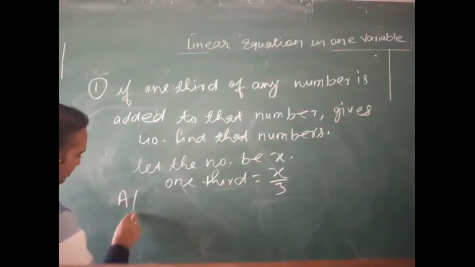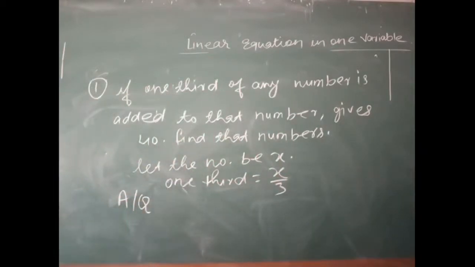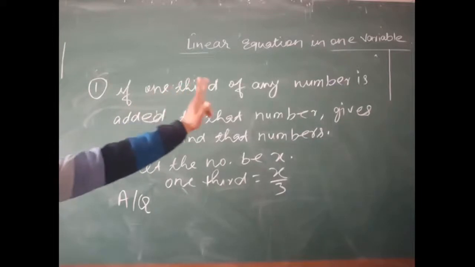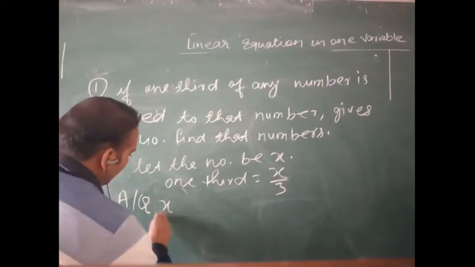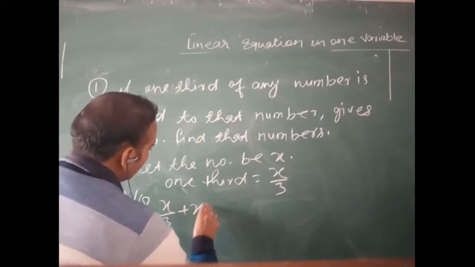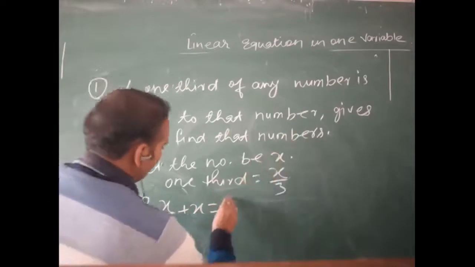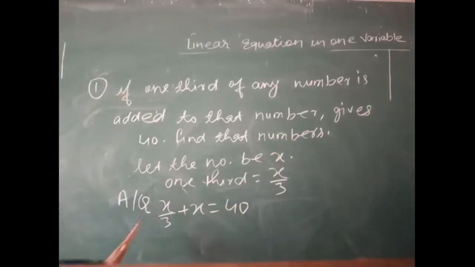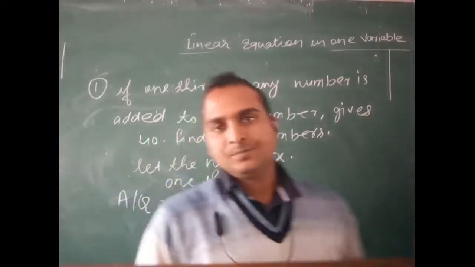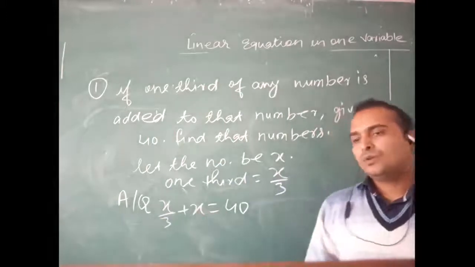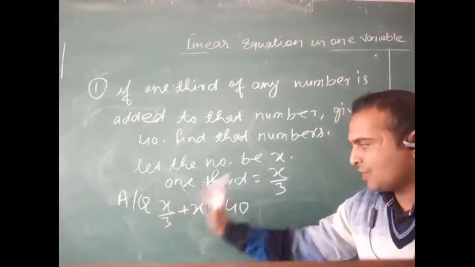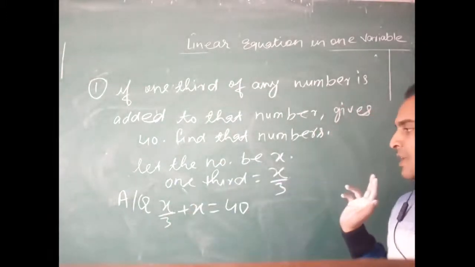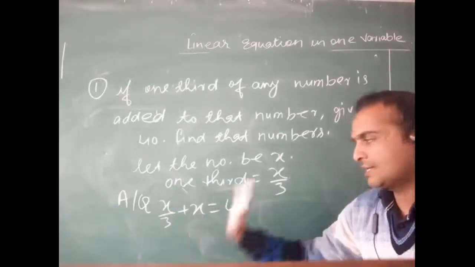Then according to the question, 1/3 of any number is added to that number and gives 40. This statement becomes a linear equation in one variable. Again, this is a linear equation because the degree of this equation is 1 and there is one variable. There is only one variable x.